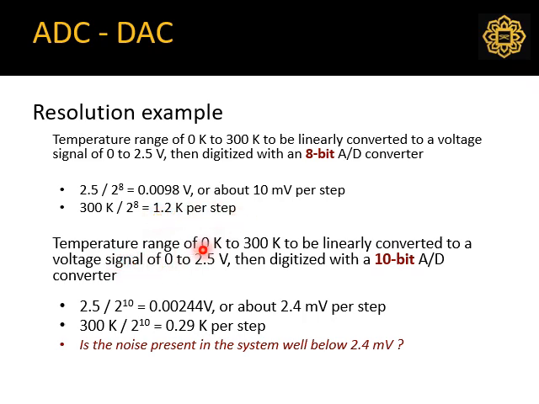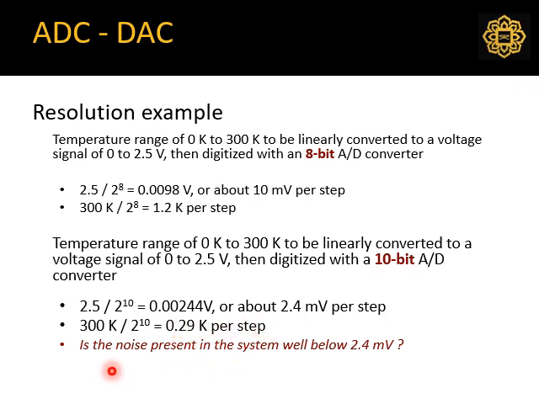With the temperature range 0 to 300 Kelvin linearly converted to a voltage signal and a 10-bit AD converter, it will be 0.29 Kelvin per step. So 2.4 millivolt per step. In terms of Kelvin, it is 0.29 Kelvin per step.